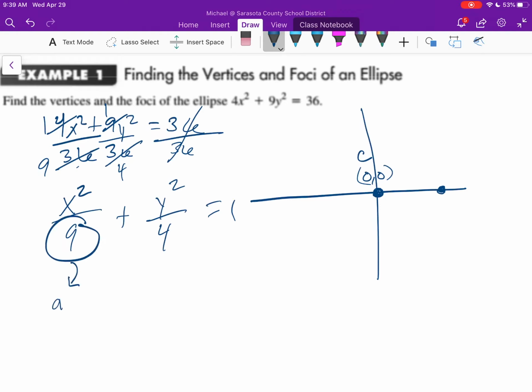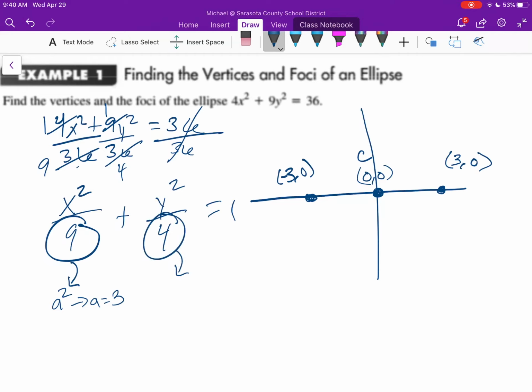And so if this 9 is a squared, that means that a was 3. So the distance from the center to the vertex is 3. That means this vertex is going to be at 3, 0. And then you'll have another one over here at negative 3, 0.